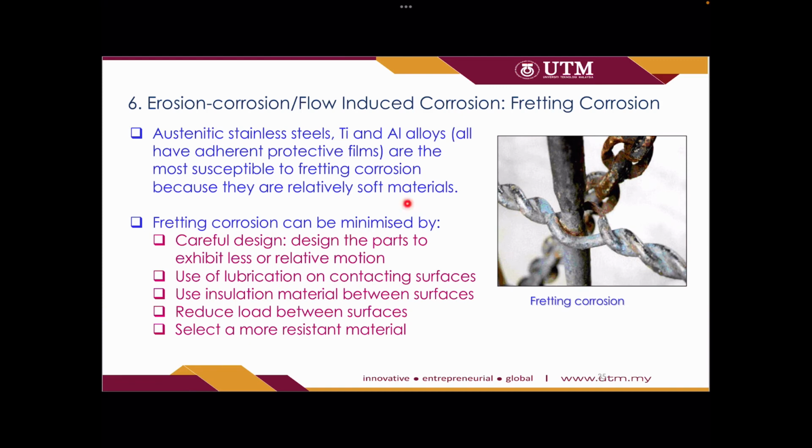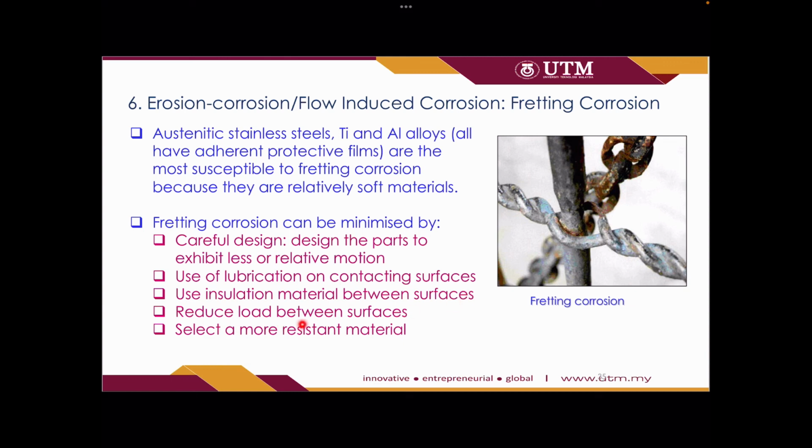Okay, fretting corrosion can be minimized by careful design. Design the part to exhibit less relative motion. Use a lubricant, okay, on the contact surface so that it will become smooth. Use insulation material between the surfaces so that it can absorb any vibration impact.